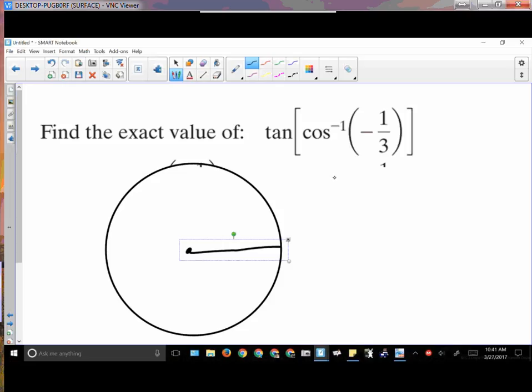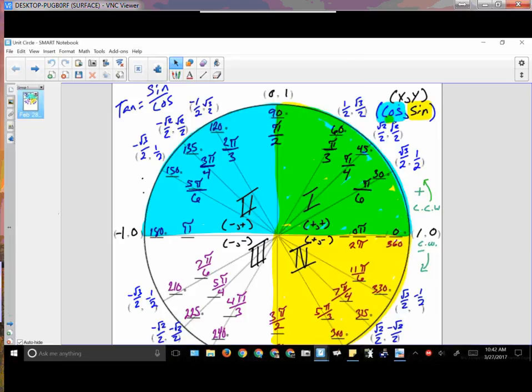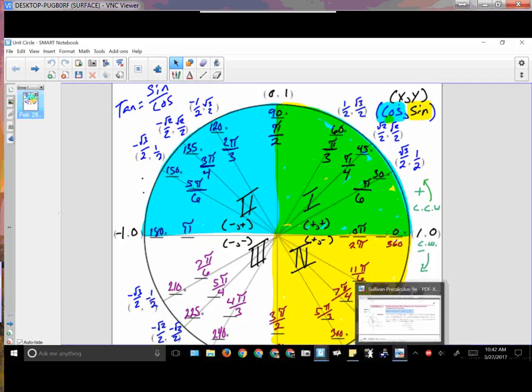So what we're looking at is that there is some cosine of theta is equal to negative 1 over 3. Okay? And this is adjacent, and that is the hypotenuse, correct? Now, where is cosine going to be negative? Because cosine is x. The only place cosine can be negative is sitting over here. Yes? Now, this triangle is going to look a little on the different side.